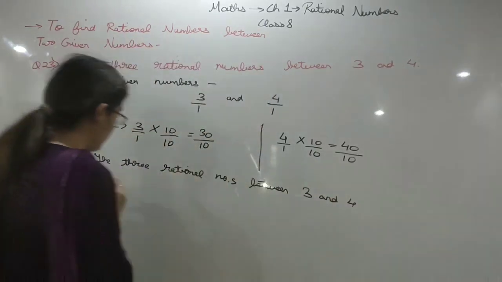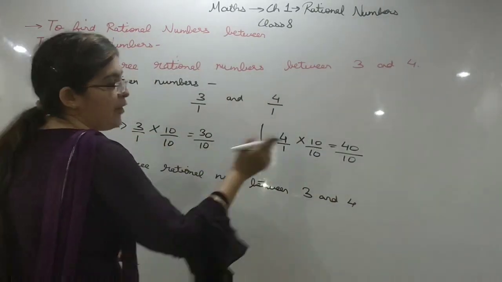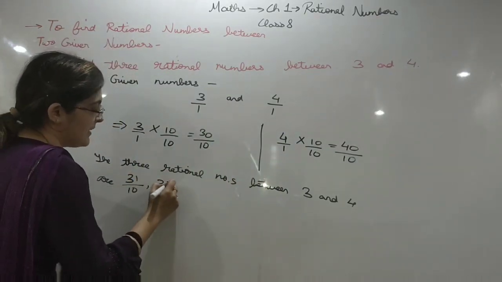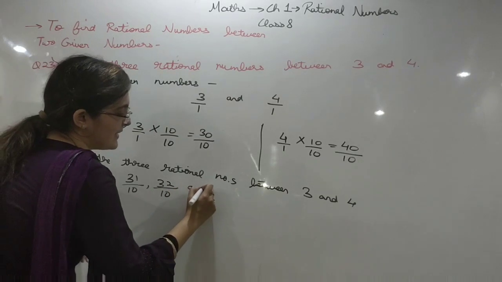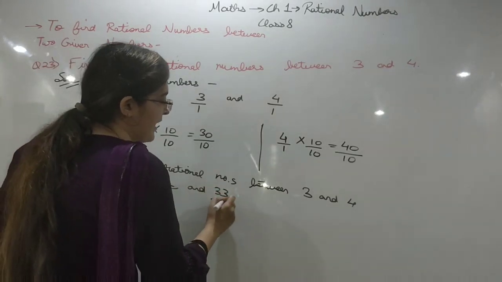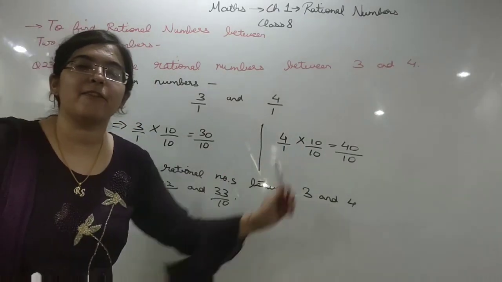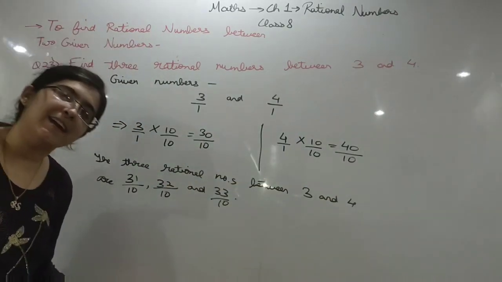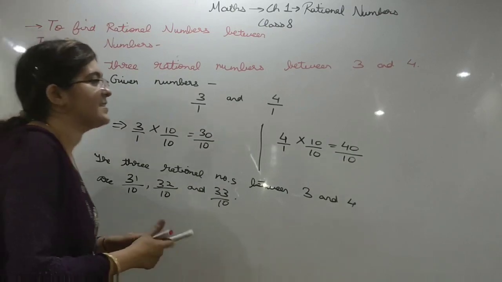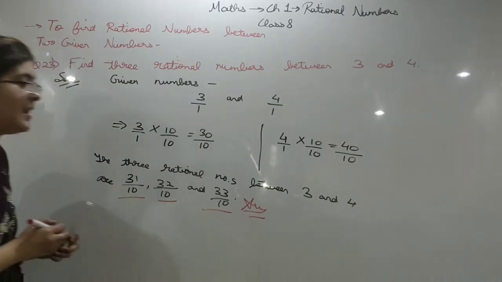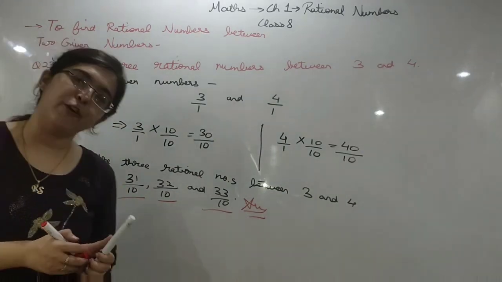From 30 by 10 and 40 by 10, between them we can write 31 by 10, 32 by 10 and 33 by 10. We can write any numbers. You can take 36 by 10, 37 by 10, up to 39 by 10. Is it clear? This is your final answer. These are the three rational numbers between 3 and 4.